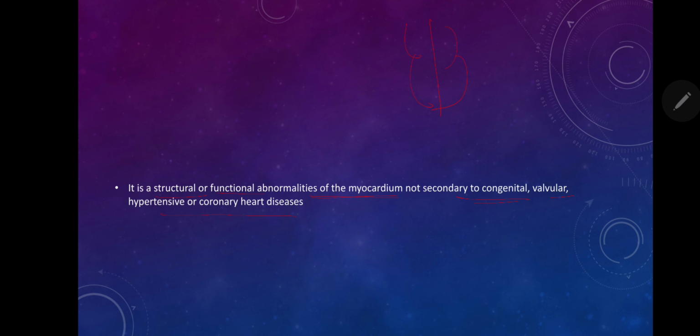That means it is a primary structural or functional problem of the cardiac muscle, not secondary to any other cause, in which the cardiac muscle is unable to pump or do its normal function, and that leads to heart failure.